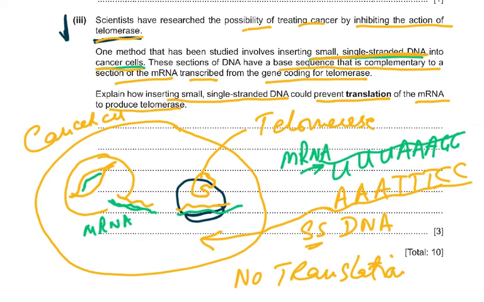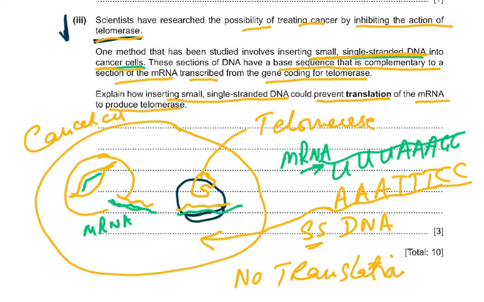Very simple. DNA binds to the complementary section of the mRNA. mRNA cannot bind to the ribosome. Ribosome cannot move along the mRNA. No site for tRNA to bind. tRNA anticodons cannot form hydrogen bonds with the mRNA codons.